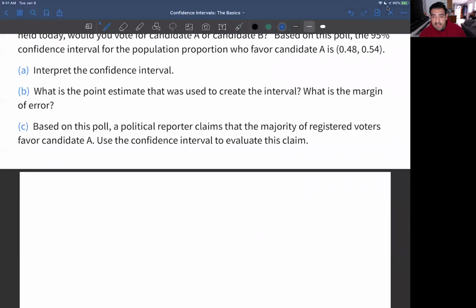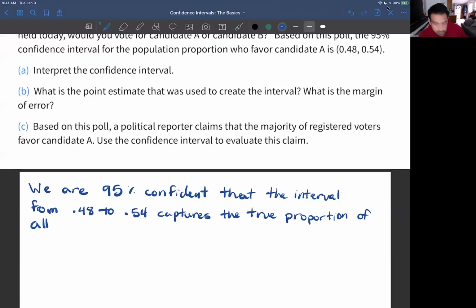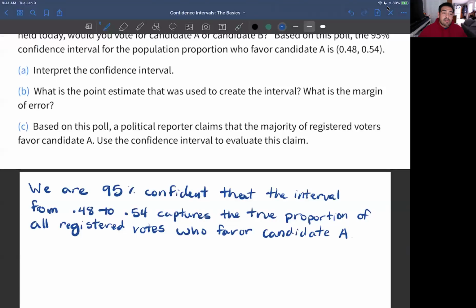Well, we know it's a 95% confidence interval, so we can say we are 95% confident that the interval from 48% to 54% captures the true proportion of all registered voters who favor candidate A. That's how we would interpret that confidence interval.